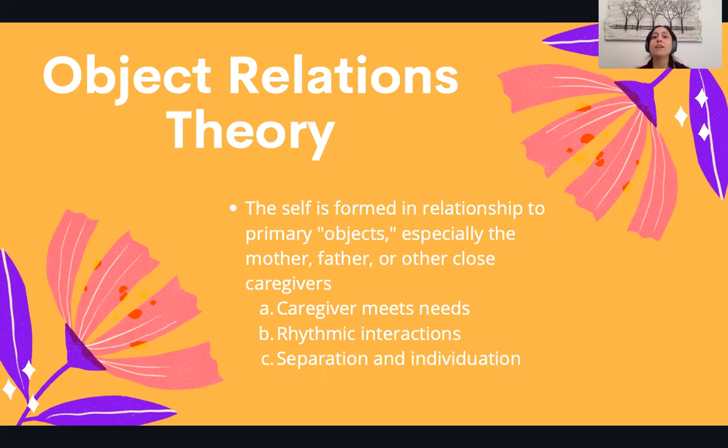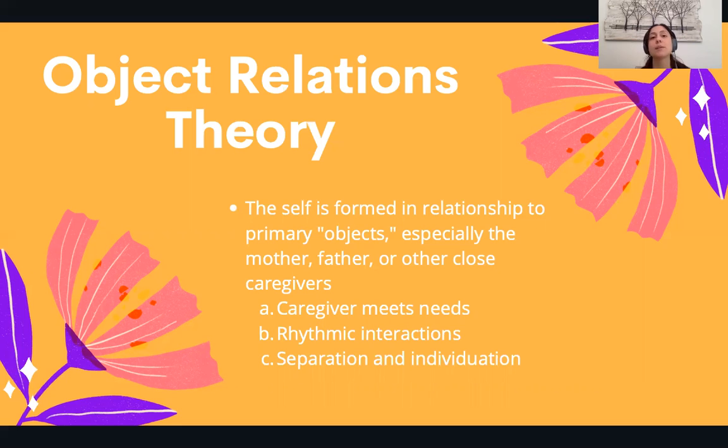At first, the infant enjoys these isolated events of the caregiving relationship, which basically involve the child wanting the caregiver to meet their needs. Next, infants are going to enjoy engaging in more rhythmic interactions that are social and not solely focused on meeting their basic needs. So this is when the child seeks out interaction with the caregiver.